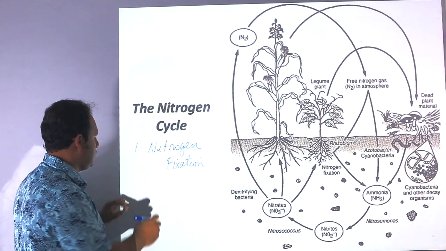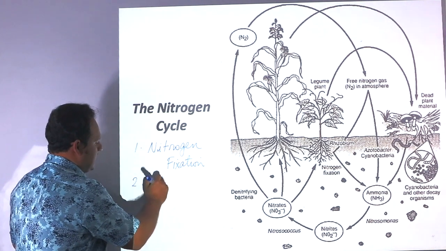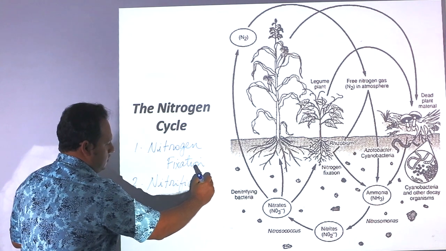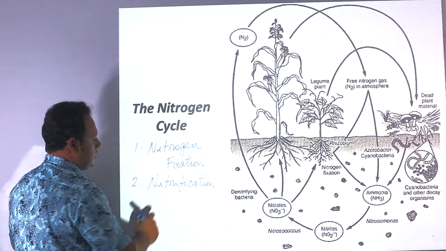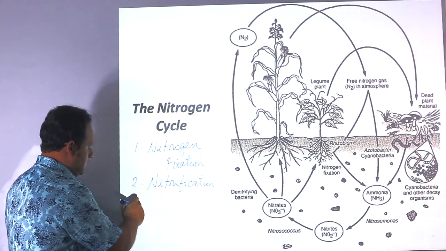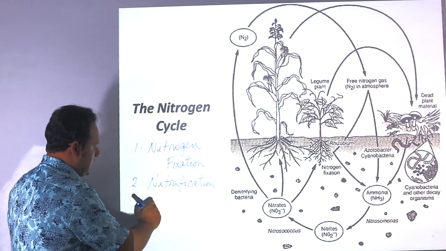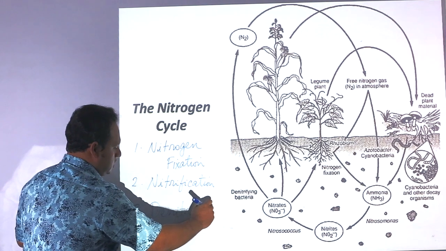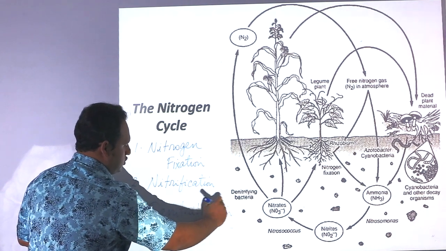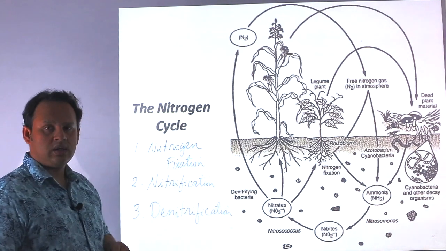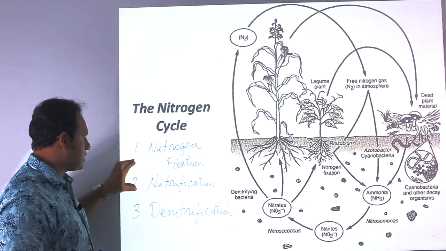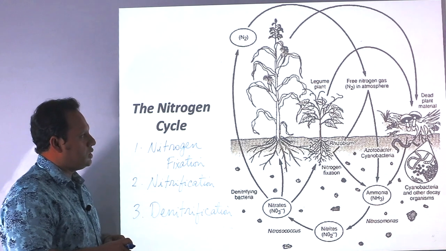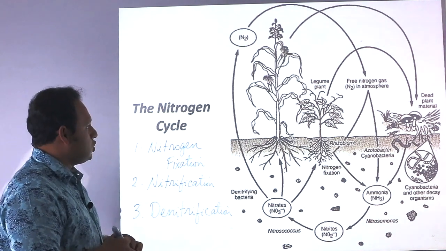So nitrogen fixation, and then we have the nitrification process, and lastly we have denitrification, the removal of that particular nitrogen back into the atmosphere again. So these are the three processes that are taking place in the diagram shown over here.